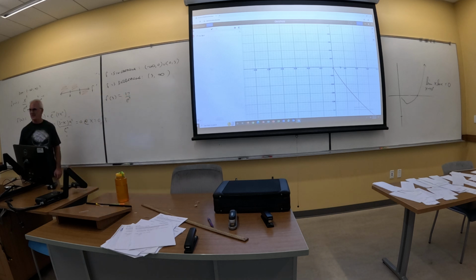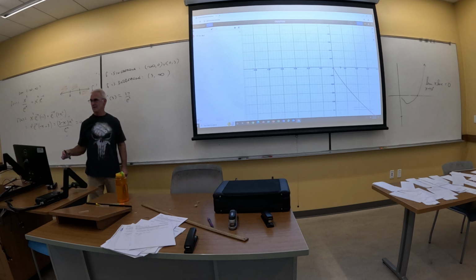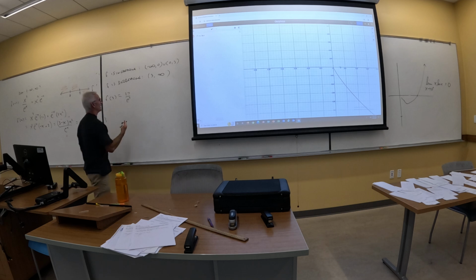I mean, e cubed, I think, is around 20, so that's a very small fraction. This says I went up, I was flat, and I came back down. So is this a maximum or a minimum? Maximum. It's a maximum, yes. If you're having trouble with that, at the peak of a mountain, I'm a maximum.